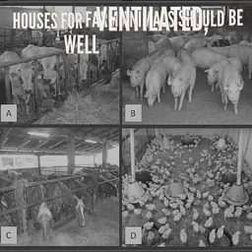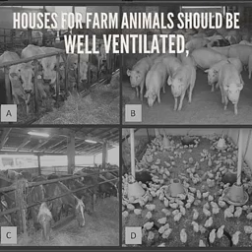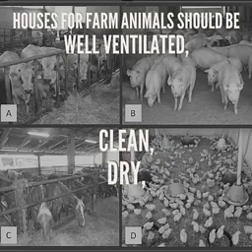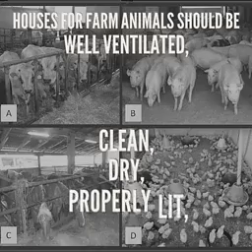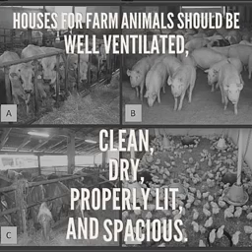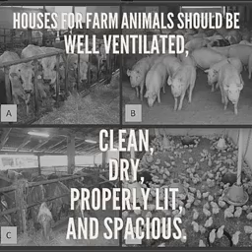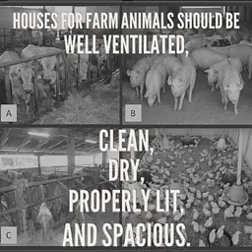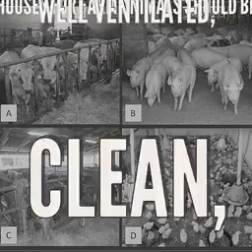They should be well ventilated, clean, dry, properly lit, and spacious. So before you build a house for the farm animals, you should note that it must be well ventilated, clean, dry, properly lit, and spacious.